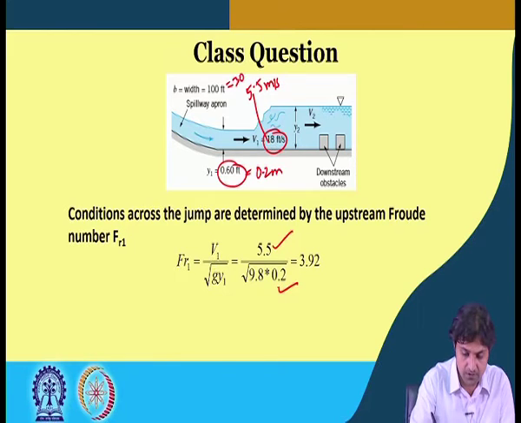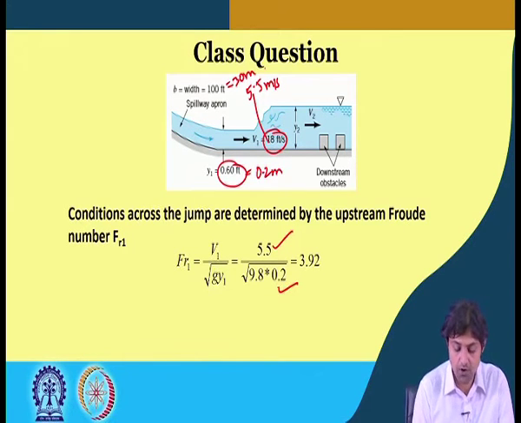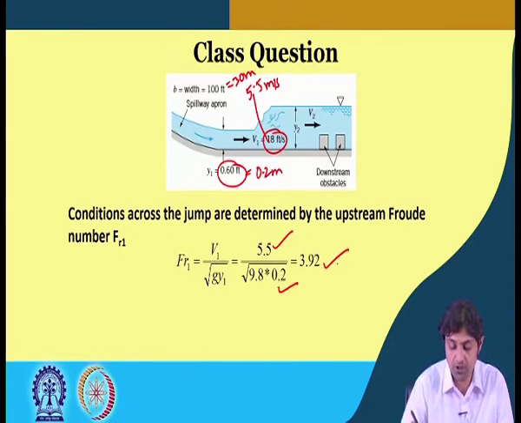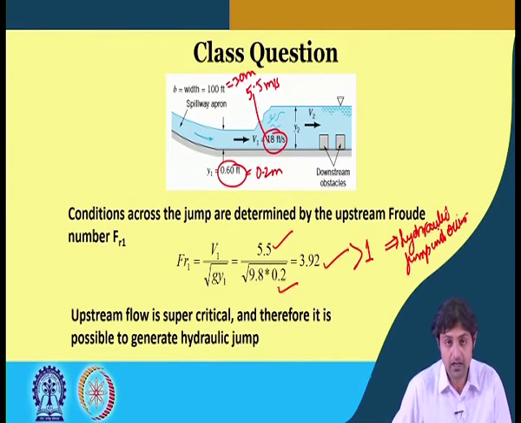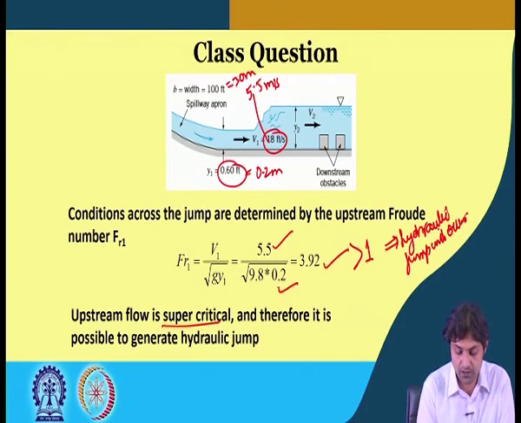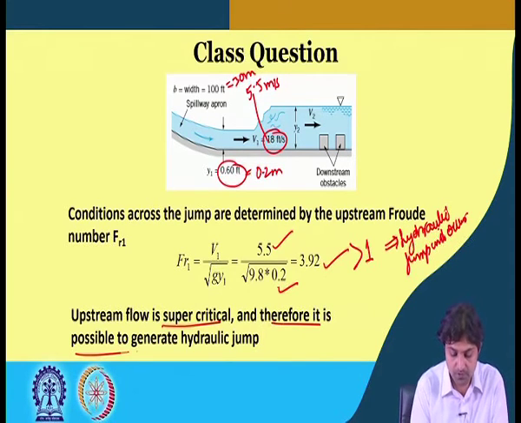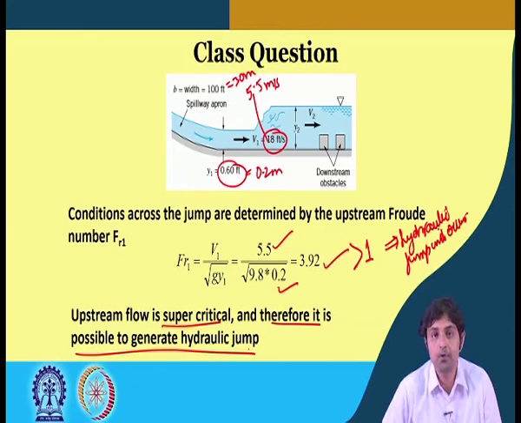So, the Froude number 1 comes out to be 3.92 and this is greater than 1, which means hydraulic jump will occur. Okay. As I said, the upstream flow is supercritical and therefore, it is possible to generate hydraulic jump.